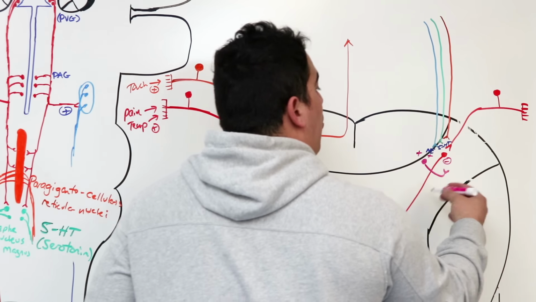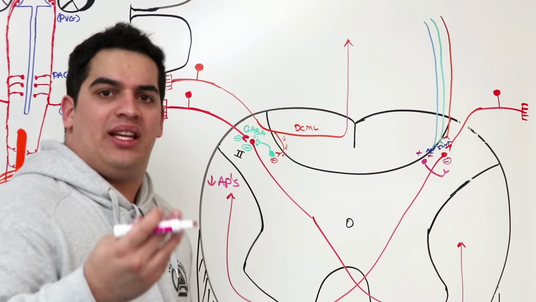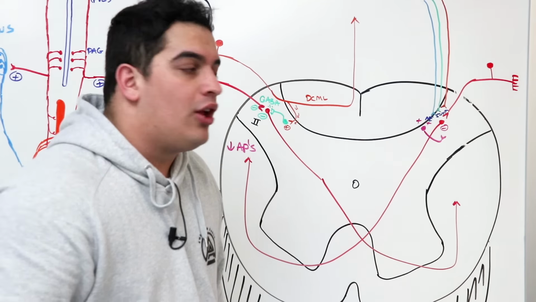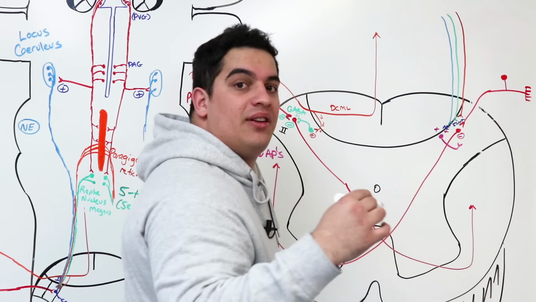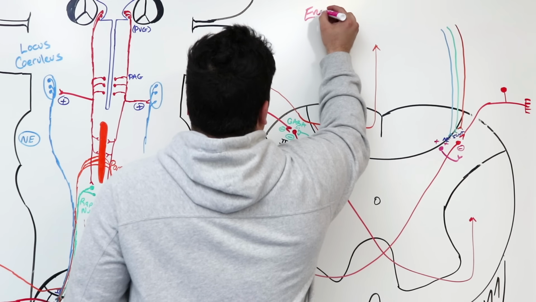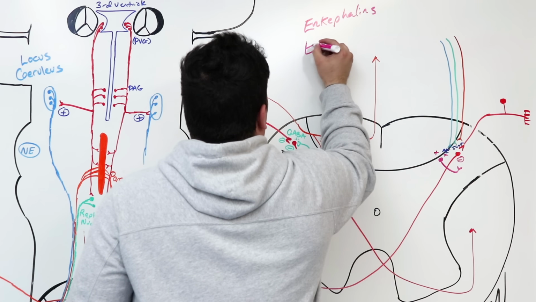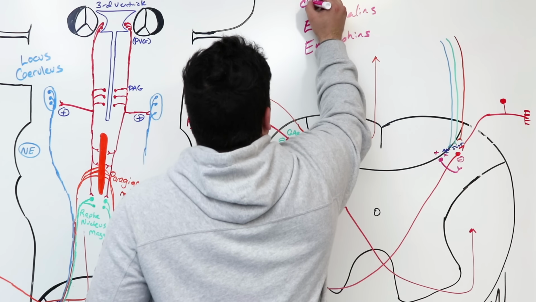Now, what are these chemicals that it's releasing? The only reason I'm telling you why we need to know these chemicals is because there's a chemical that we usually give to people to help alleviate pain, like morphine. Well, these chemicals that are being released here are very, very similar to morphine. What are some of these chemicals? They are releasing what's called enkephalins, endorphins, and another one called dynorphins.